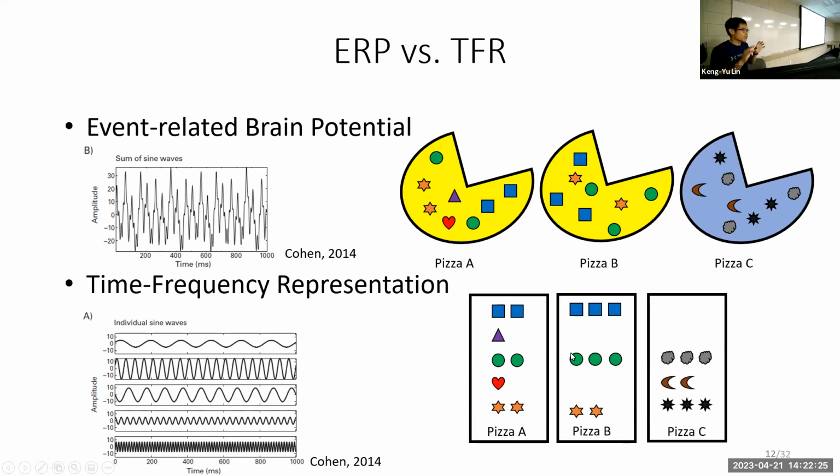So when you compare the ingredients directly, which are sine waves, it becomes easier to tell the differences, right? So that's the advantage of time frequency representation, and it can complement ERP analysis. That's why we look into two different brainwave signals in the current study.